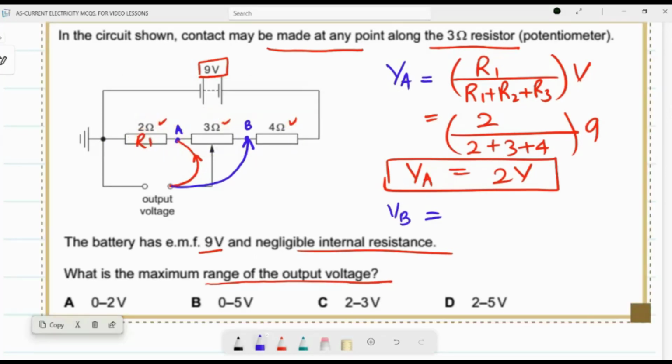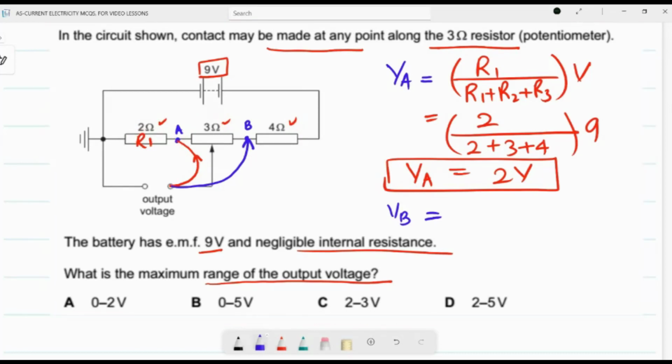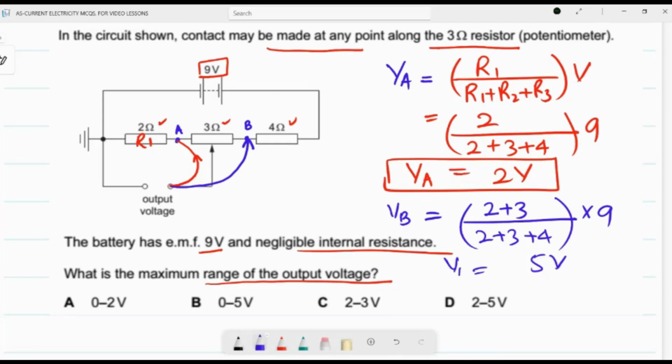So I can say that these two resistors are basically 2 plus 3, and what is the total resistance of the series? 2 plus 3 plus 4, and what is the total voltage? It is 9 volts. Now this value will give you 5 volts after calculation. So this is your VB. So the range is basically from 2 to 5 volts. So your option is option A.